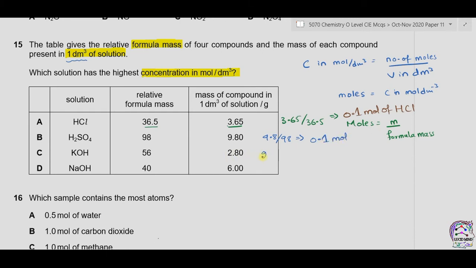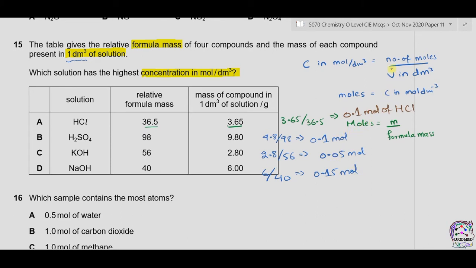For the third one, we have 2.8 divided by 56, which gives 0.05 moles. For the last one, we have 6 divided by 40, so the number of moles is 0.15 moles.